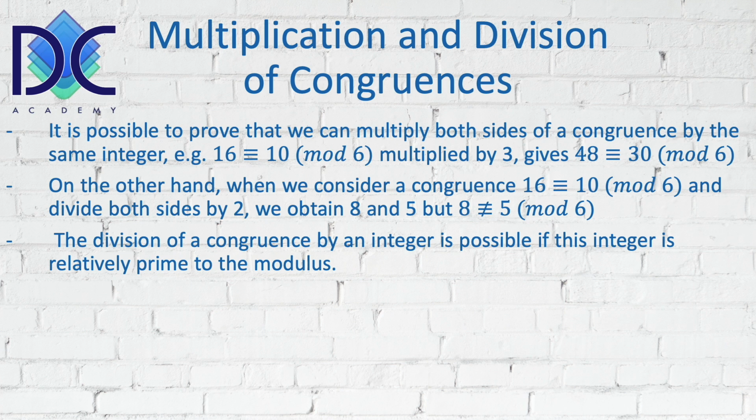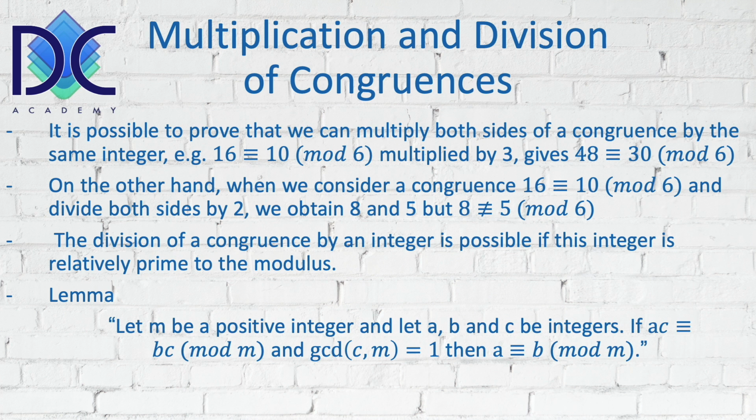Now, we can divide a congruence by an integer if this integer is relatively prime to the modulus. So we have to find an integer which is relatively prime to the modulus, and now we have to find the way to do this. We can write this as a lemma.